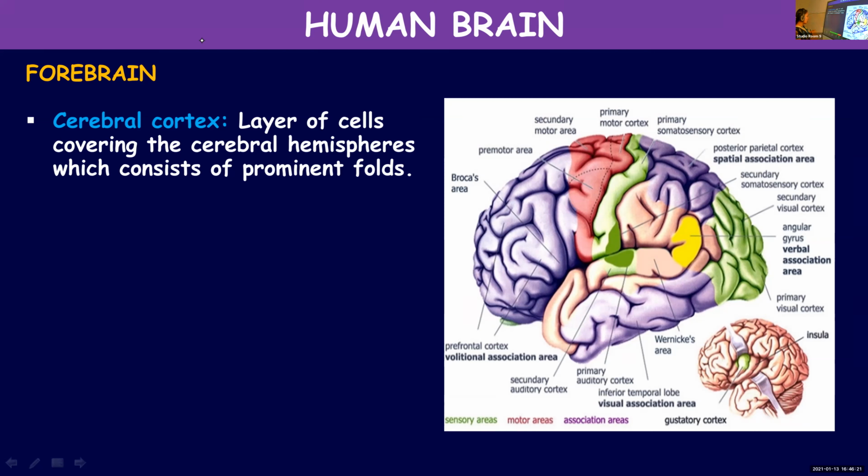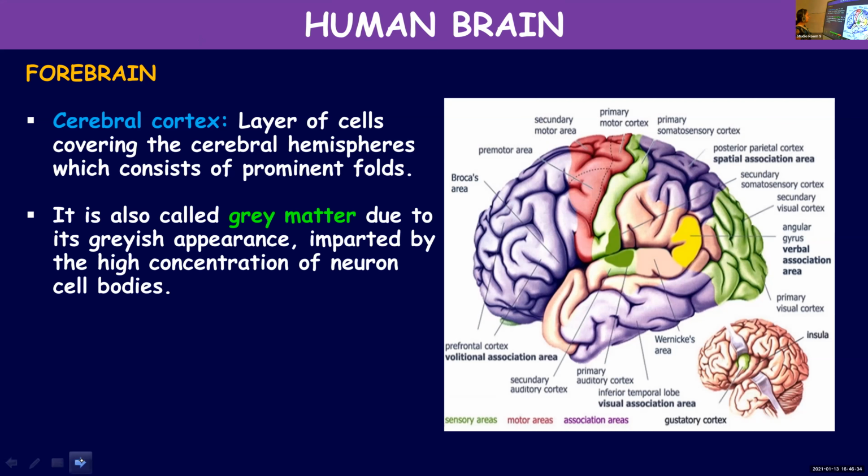That is why they are provided with so many furrows or foldings. So cerebral cortex is the layer of cells which covers the cerebral hemisphere. The outer region of cerebrum is known as cerebral cortex. We even call it gray matter. Do you remember gray matter and white matter, children? Where did we discuss gray and white matter?